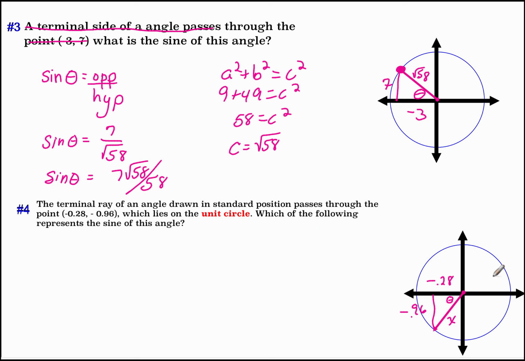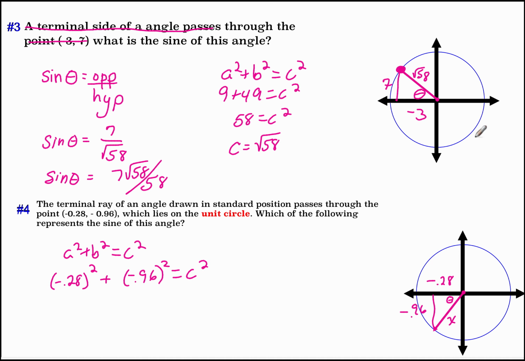Or do I? But we're going to take this the long way just to show you that it works no matter what you do. Well, Pythagorean's theorem says a squared plus b squared equals c squared. So negative 0.28 squared plus negative 0.96 squared should get me c squared.